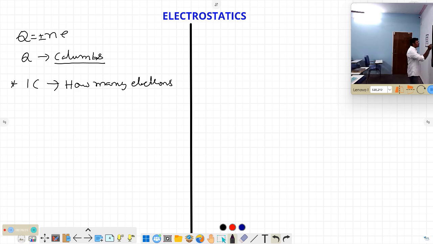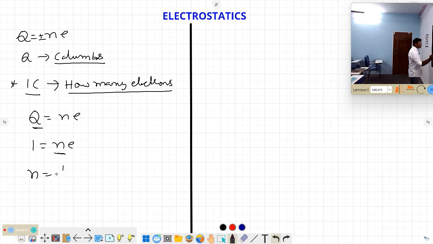To explain that, you take the quantization of charge value, Q is equal to Ne. In this case, Q is nothing but 1 coulomb, so 1 is equal to N into e. They are asking for the number, how many electrons. So N is equal to 1 by e, that is 1 by the electron charge value, 1.6 into 10 power minus 19. That is a fixed value always.